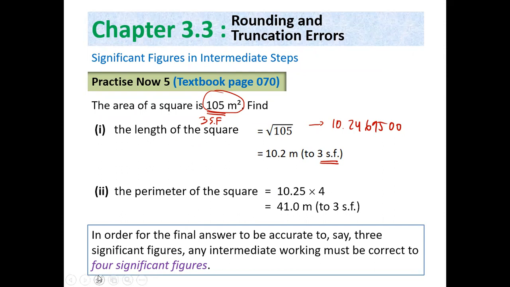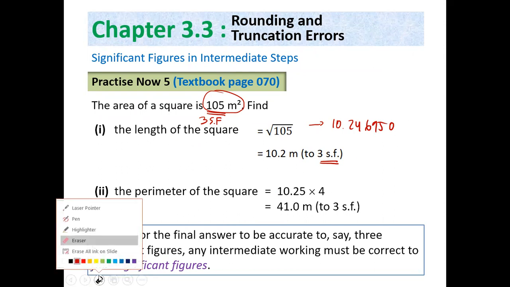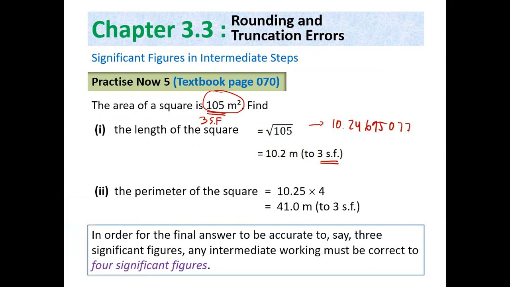10.2469500, right? So since we are not dealing with the understanding about this, you may write it to four significant figures first. So what you need to do is try to increase the number of significant figures by one.